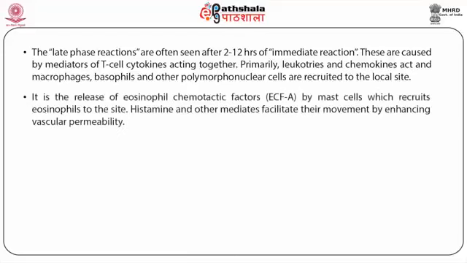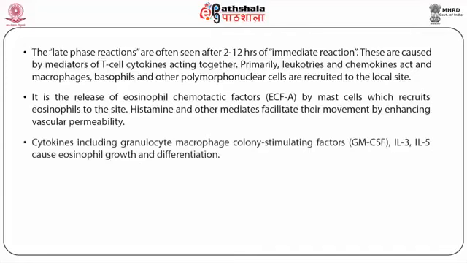It is the release of eosinophil chemotactic factor ECFA by mast cells which recruits eosinophils to the site. Histamine and other mediators facilitate their movement by enhancing vascular permeability. Cytokines including granulocyte macrophage colony stimulating factor, IL-3, IL-5 cause eosinophil growth and differentiation.